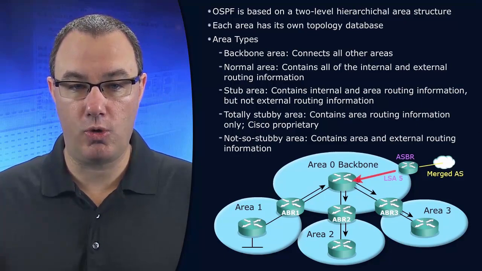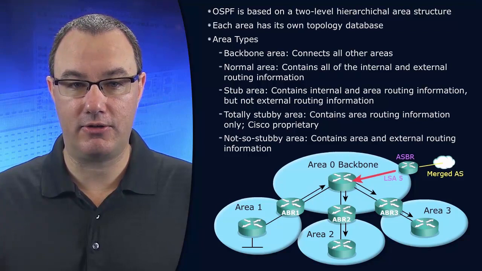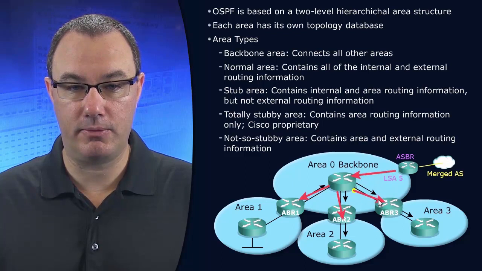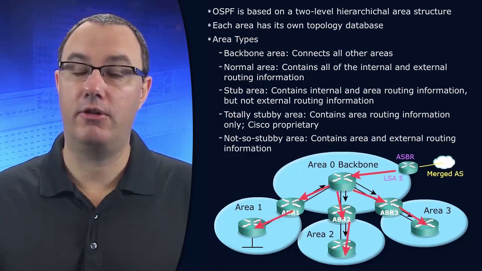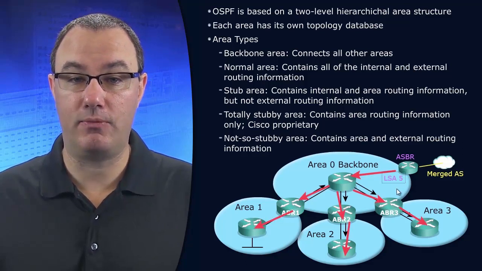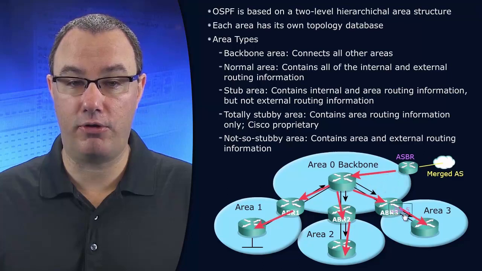So in a normal area, what would happen is this. Those routes would trickle down through the entire autonomous system. Every device would get those routes. And when I say routes, I'm talking about these type 5 LSAs. Those are going to flow throughout the autonomous system.